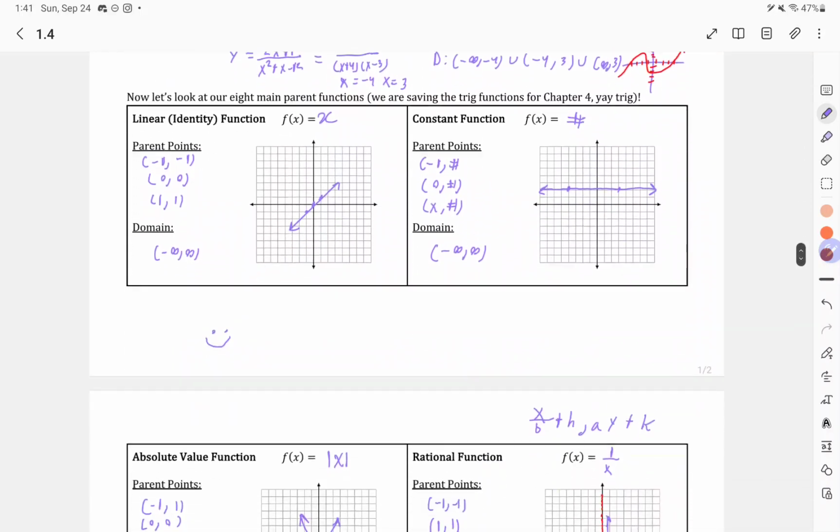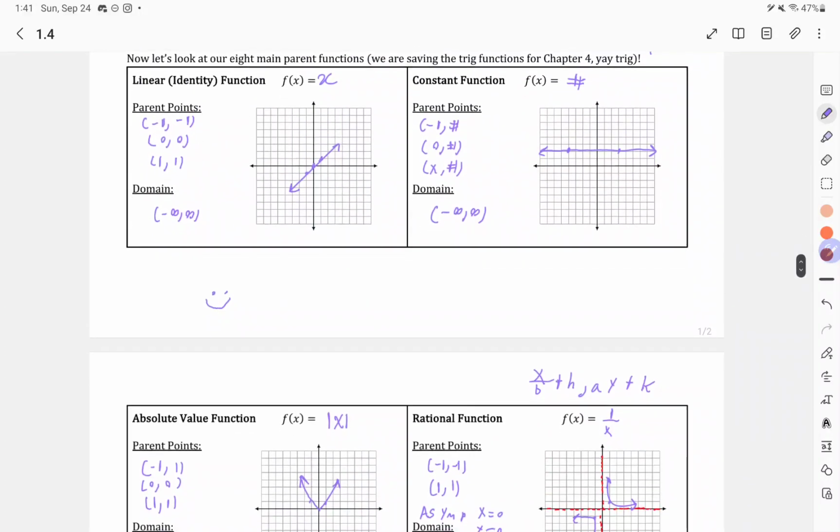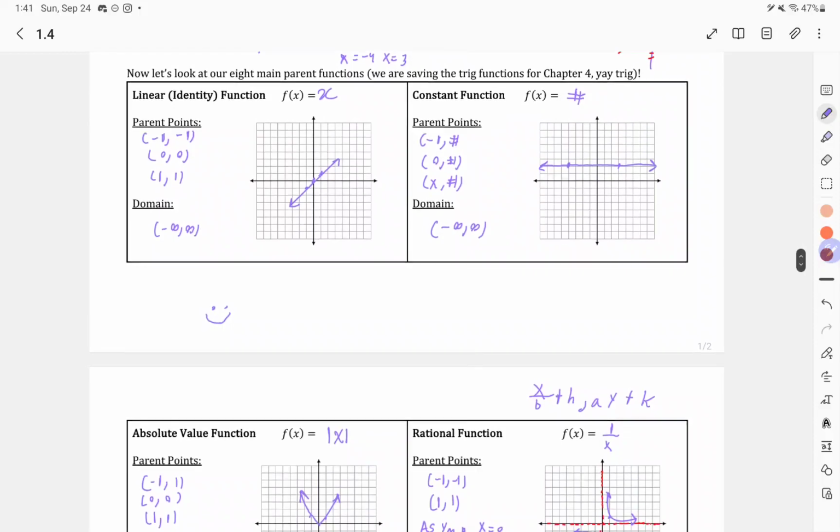Now, here are very important concepts that all of us should know for this exam and for Unit 1 of Precalculus. Linear functions look like this, right? This is kind of just basic review. Linear functions, they go straight like this, and the parent function is f of x equals x. Their parent points are (-1, -1), (0, 0), and (1, 1).